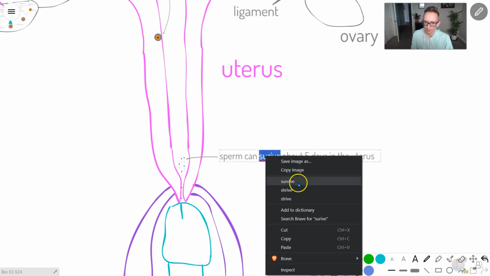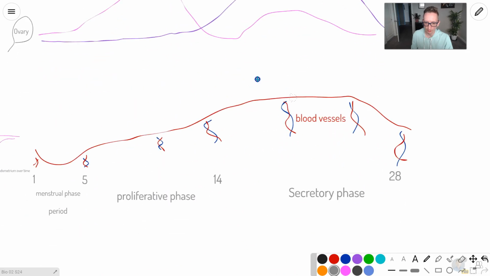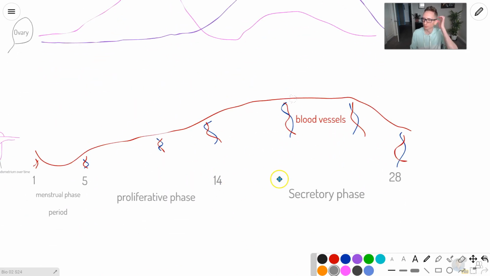About 5 days. So 5 days before the oocyte is released, those sperm can still be alive in there. Yeah, pretty crazy stuff. So around the 14-day mark is when ovulation occurs.